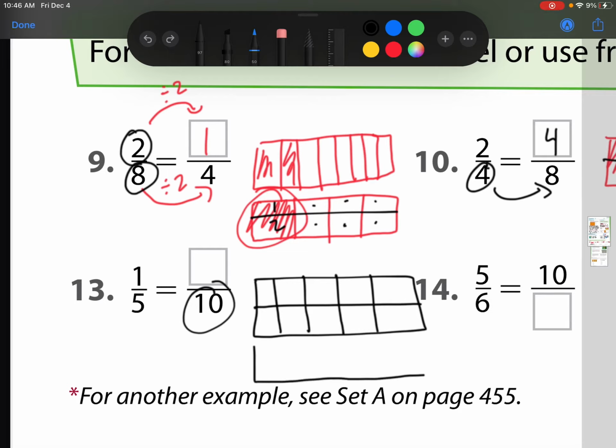So let me draw 1/5 right here, and I shade 1 in. What do I notice about this? Well, since this whole section's shaded, that means this whole section would also be shaded. It's the same thing as if we split up like this. And now we see we have 1, 2 pieces, 1, 2 pieces.